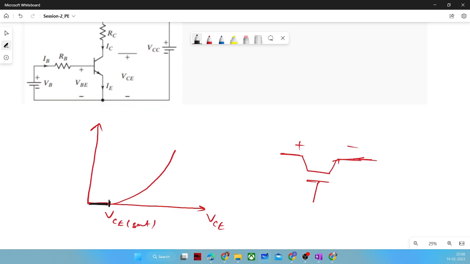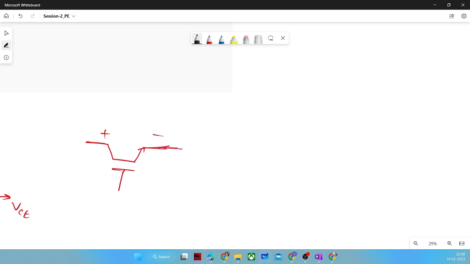It blocks positive voltage. Take a very simple example, a diode: if you apply positive voltage, it will conduct; if you apply negative voltage, it will block. That's the meaning of blocking.